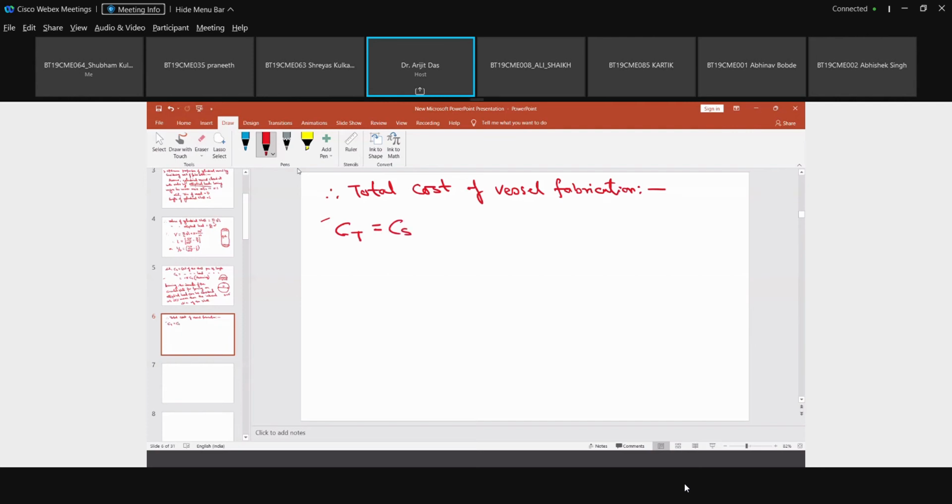This is the cost for the shell multiplied by the shell material area, that is pi d into L, plus the head. Head construction cost is CH, but we can write it as CS into 1.5.